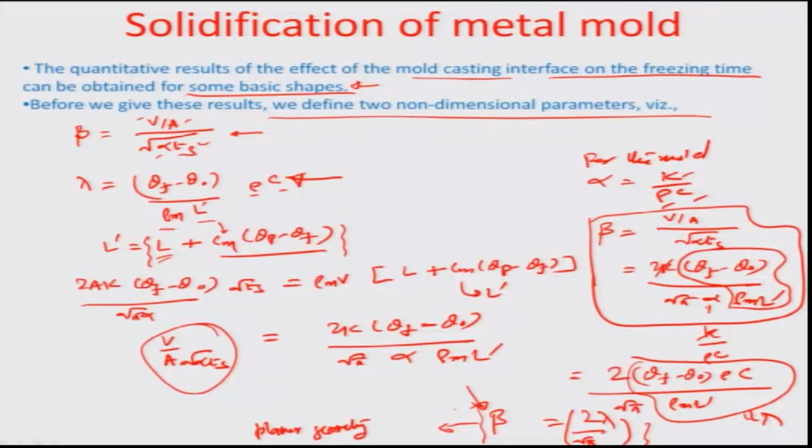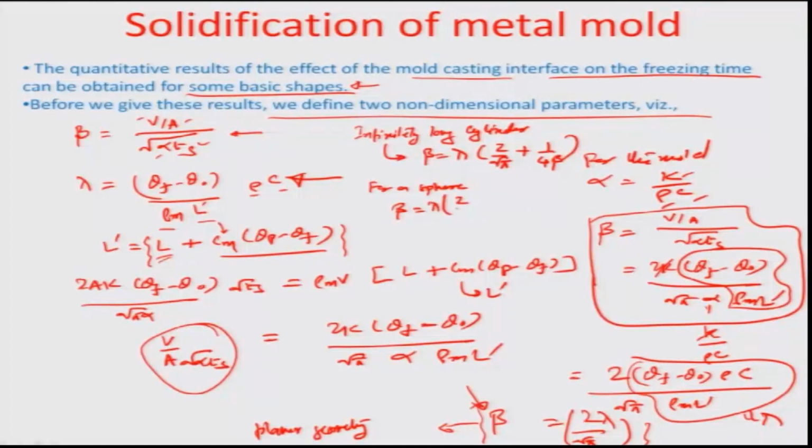But for an infinitely long cylinder, the relationship is beta equals lambda times of twice by root pi plus 1 by 4 beta, and for a sphere, which are generally the shapes, this expression would be beta equal to lambda times of twice by root pi plus 1 by 3 beta.